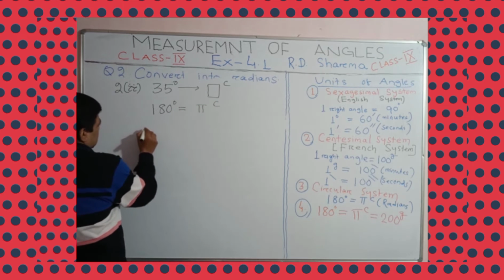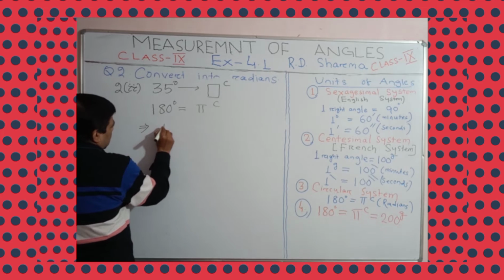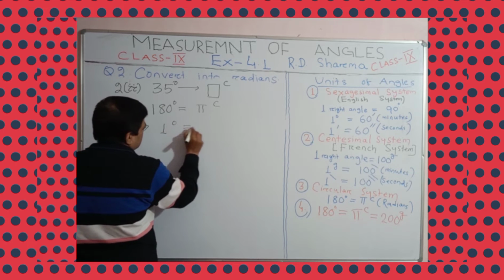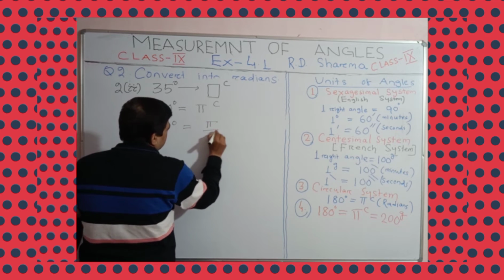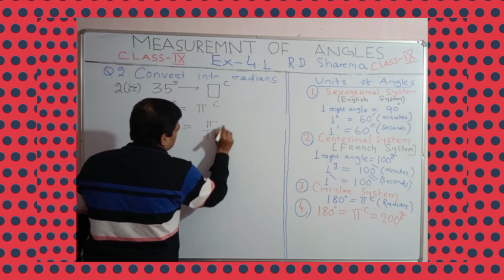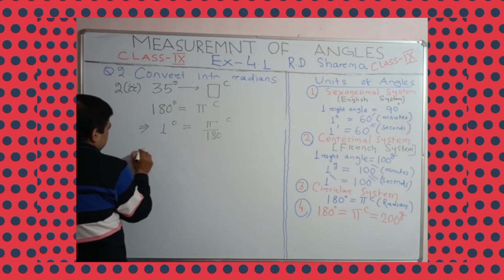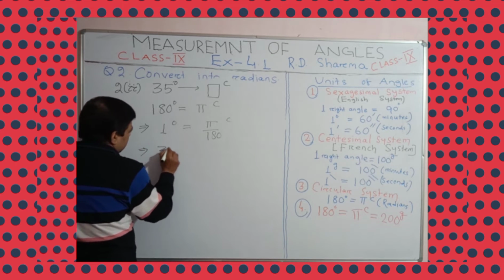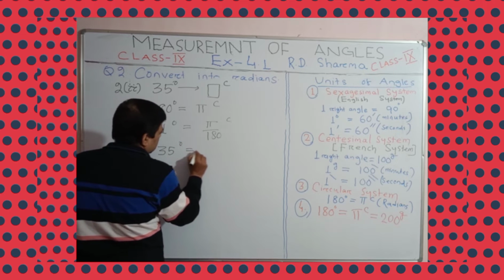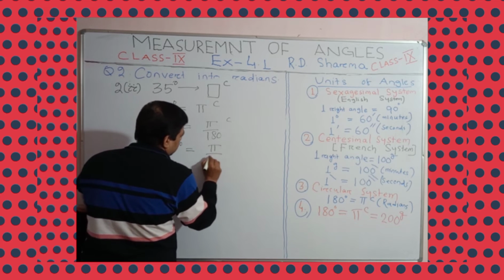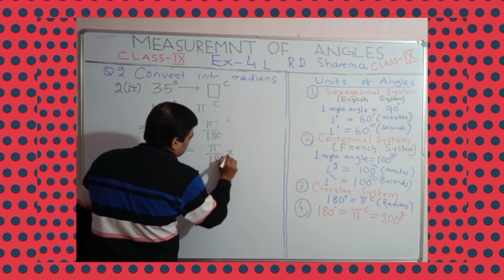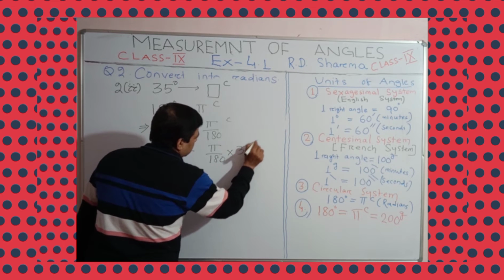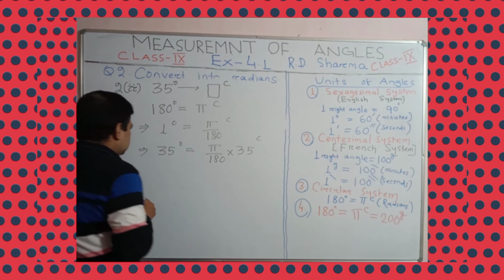is equal to pi radian. That implies 1 degree is how much radian? Pi upon 180 radian. That implies 35 degree is how much radian? Pi upon 180 into 35 radian. Understand?